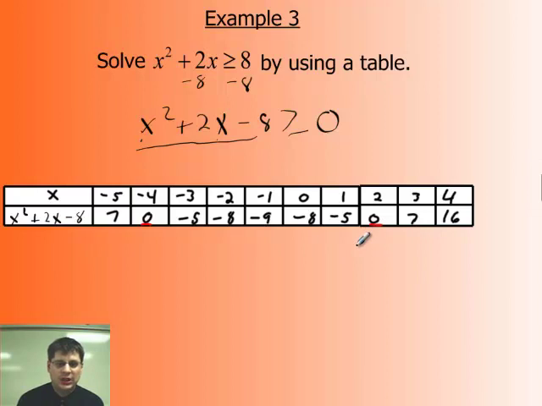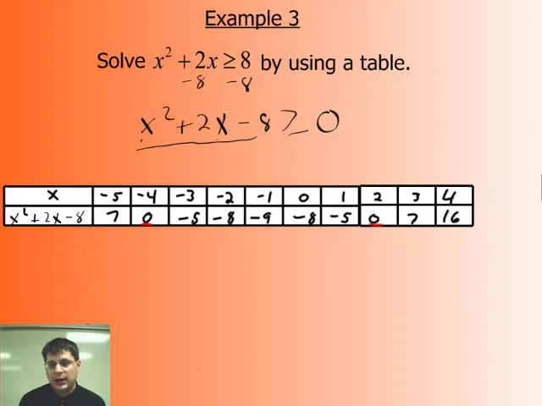Now, for values that are greater than 0, 7 is greater than 0, and 16 is greater than 0. So if I substitute in 3 for x or 4 for x, I will get values that are greater than 0.